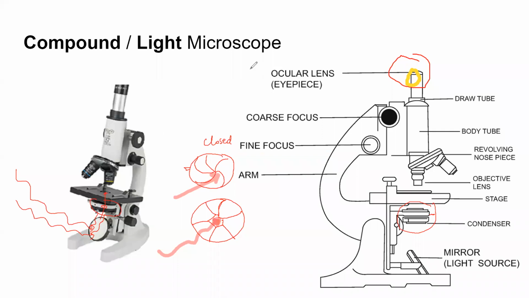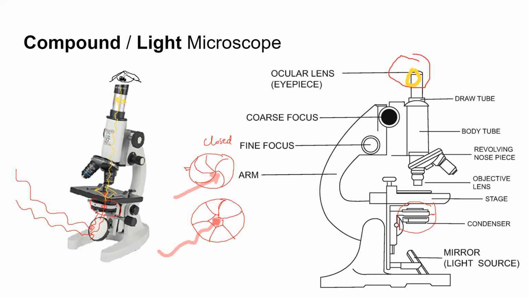And let's say that you have kept your glass slide on this stage. Okay, so light is going to pass through your glass slide, through your objective lens, into this body of the microscope, and then through it, over here you will have your ocular lens, and over here you will have your eye.